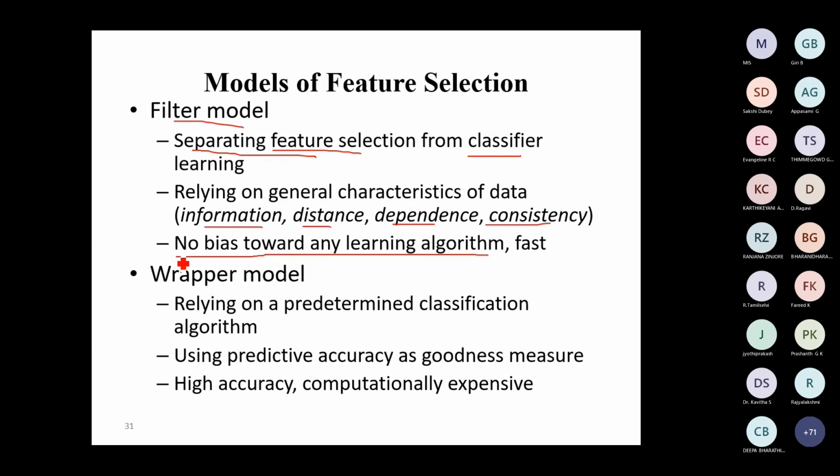It is not biased towards any learning algorithm because it doesn't use any classifier, and it is very fast. The wrapper based method uses a classifier. It depends upon the classification algorithm and uses accuracy as the evaluation measure. It may produce a high accuracy, but it is highly computationally expensive compared to a filter based model. The filter model is very fast; this is the slower model.